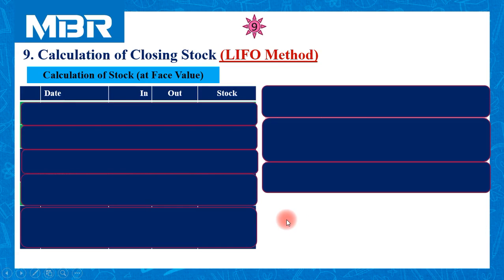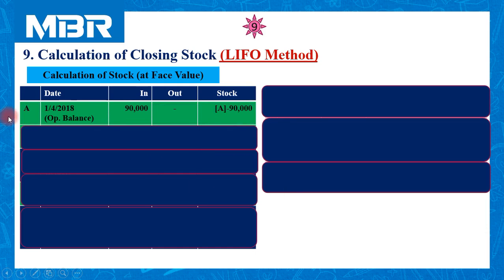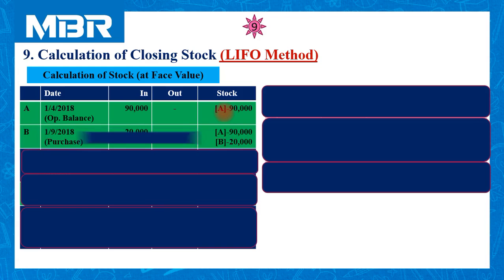Date, in, out and stock. First transaction A, on 1st April 2018, opening balance 90,000. No sale is there on 1st April. So closing stock 90,000, it is marked with A for the purpose of our reference.